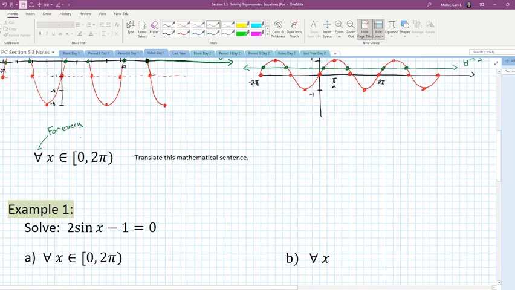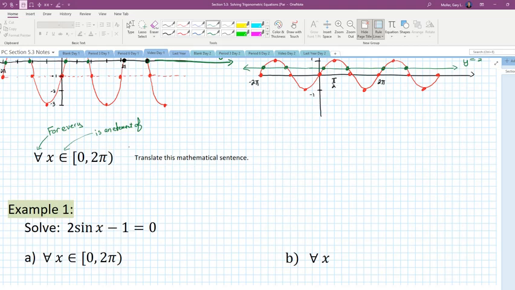We know this symbol is an element of, is a member of the set, however you want to think about it. The way you read this is for every x that is an element of, or belongs in, the set of numbers between 0 and 2 pi.